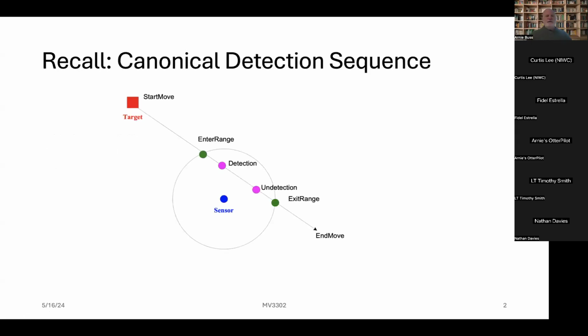So what we've been picking apart is this detection sequence of things. In other words, the first step, of course, was modeling the fact that we can represent entities that move around, at least in a two-dimensional space.